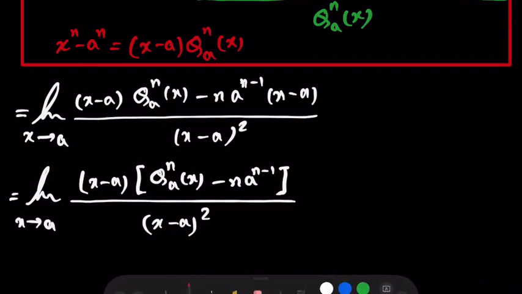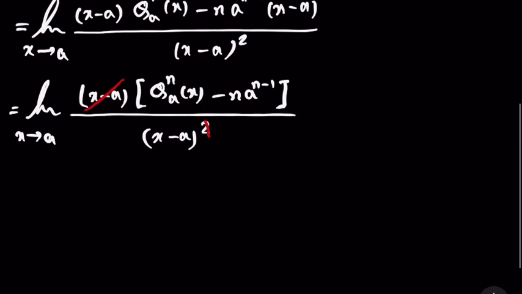So now we can cancel x minus a by one of the x minus a's in the denominator.